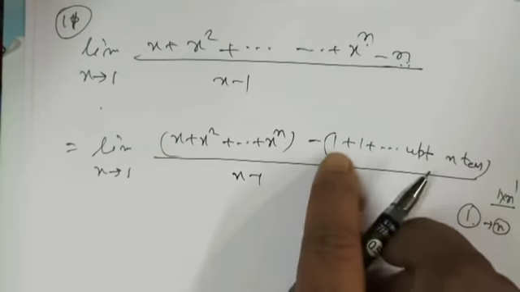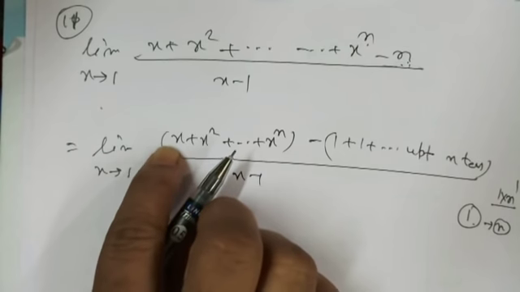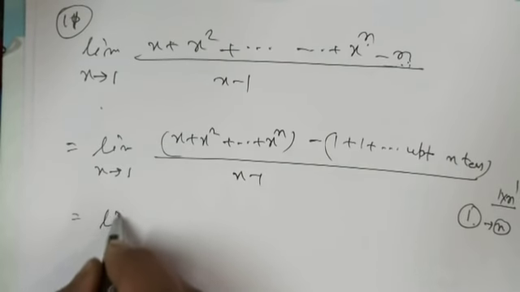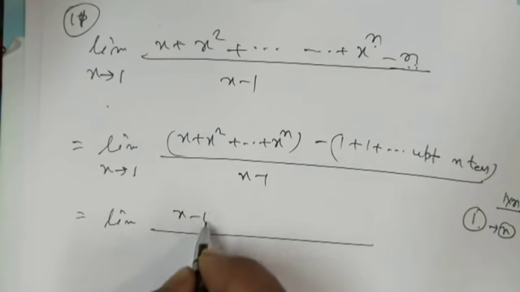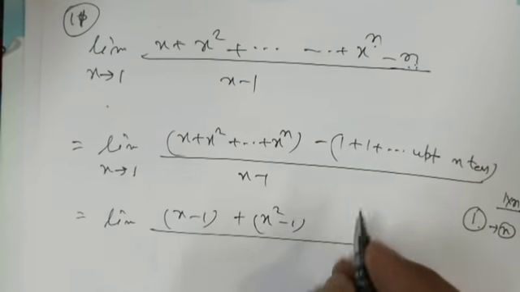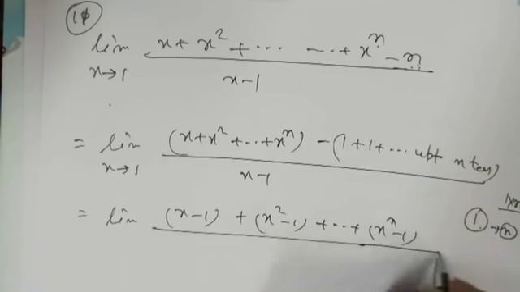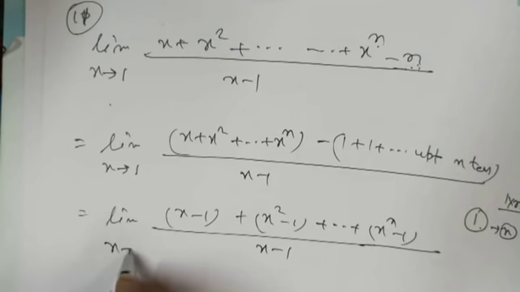So you can subtract 1 from every term here, and this will be (x minus 1) plus (x square minus 1) and so on plus (x power n minus 1). This is minus 1. Okay, interesting method.